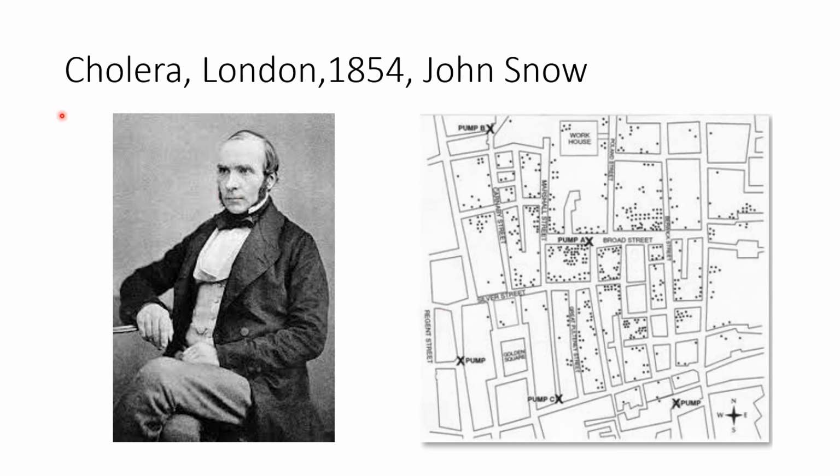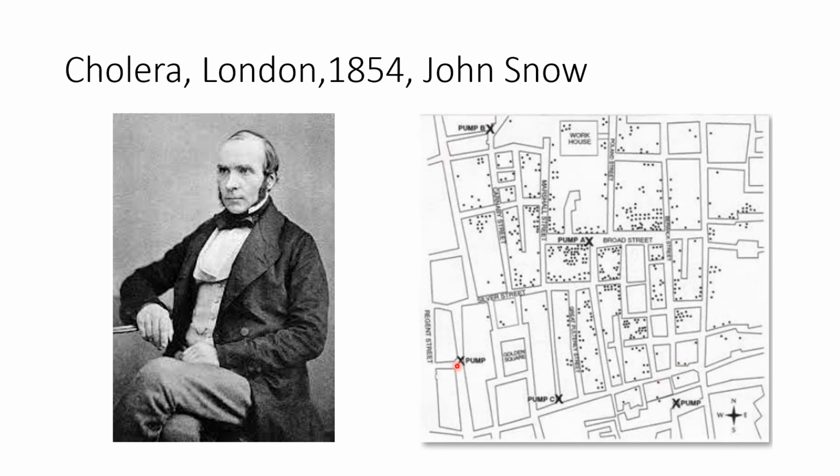So he studied cholera in 1854 in London. Every single dot that you see here is a case. At that time, they already knew that water intake might have played a role in the transmission of cholera. So what did he do?